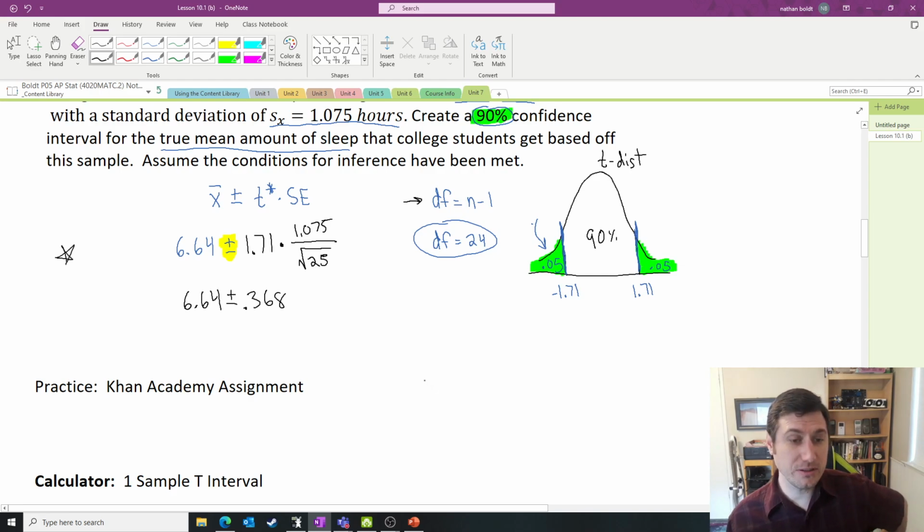All right, so now this is actually sometimes a perfectly good way to report it, right? 6.64 plus or minus the margin of error. You can sometimes see a confidence interval reported that way.